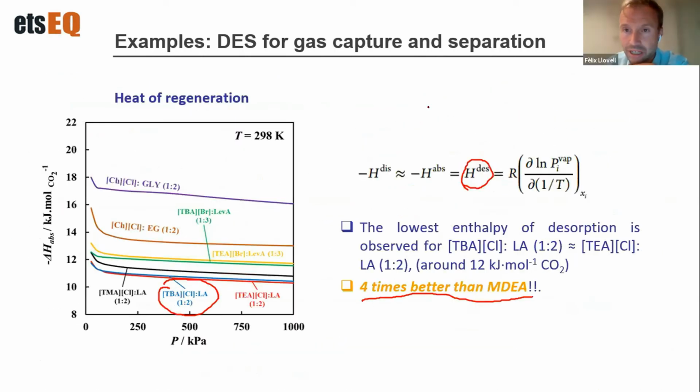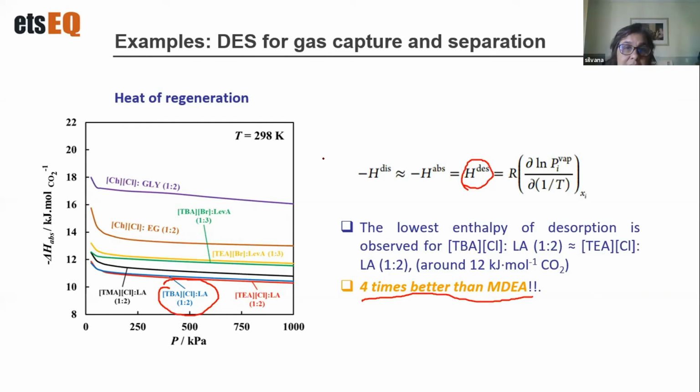Okay, I will try. What vapor pressure are you using here? Basically, as far as you do not have DES in the vapor phase, because it's basically 0, the vapor pressure of the system coincides with the vapor pressure of CO2, because you only have CO2 in your vapor phase.